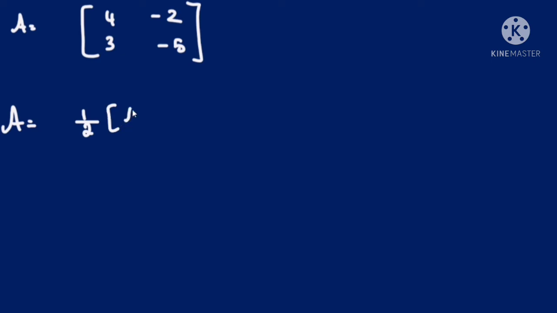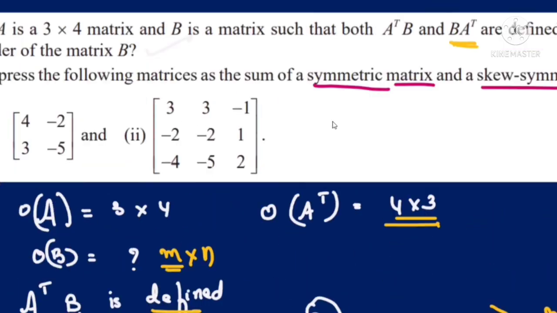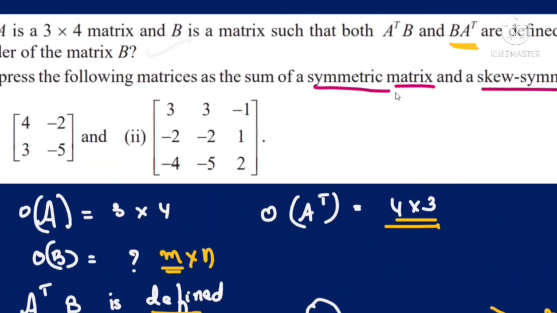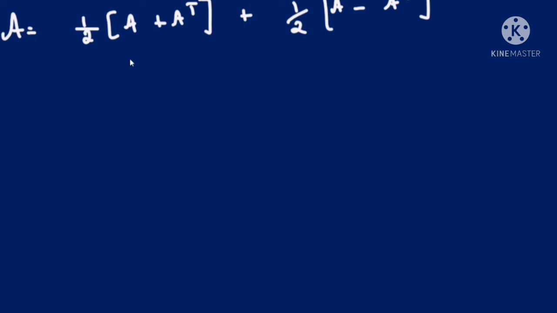Half of A plus A transpose, this is symmetric, plus half of A minus A transpose. So that's the question here. Write as a sum of symmetric and skew symmetric. Just now I told you this is symmetric and this is skew symmetric.